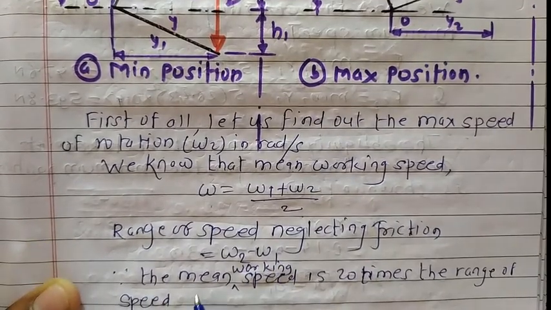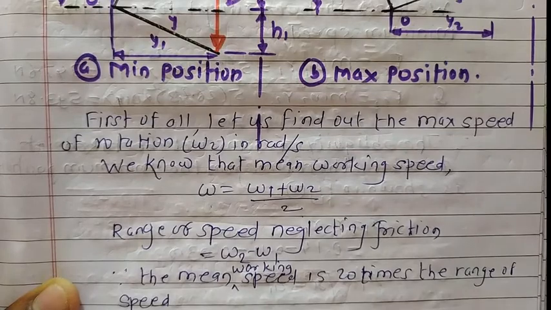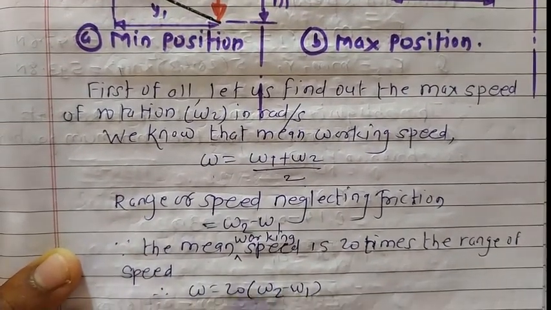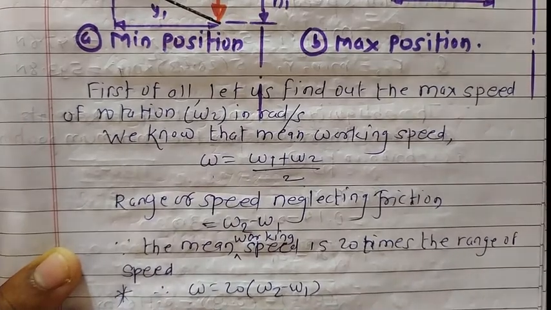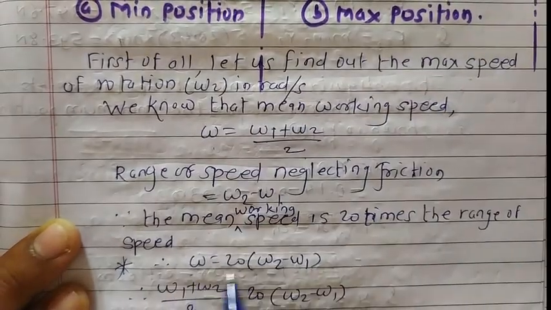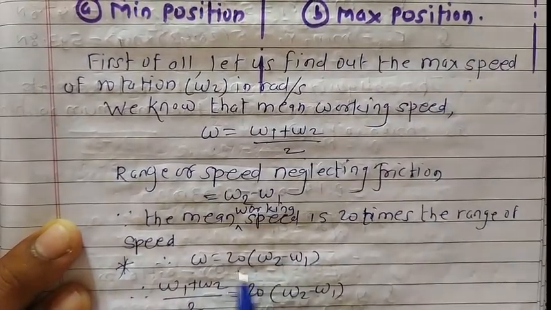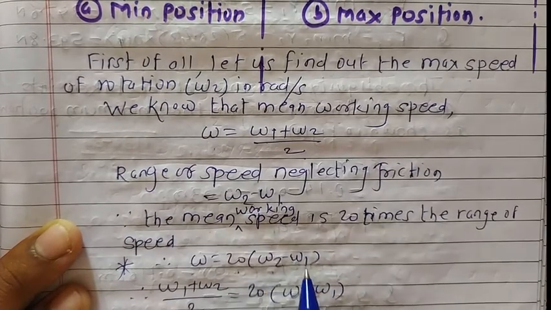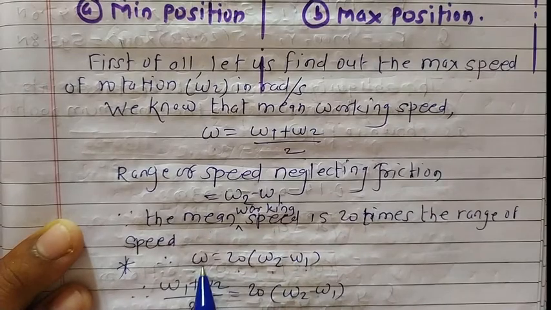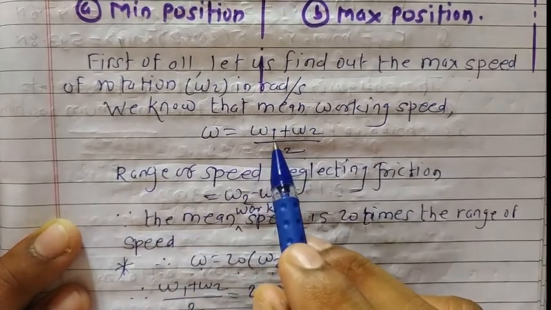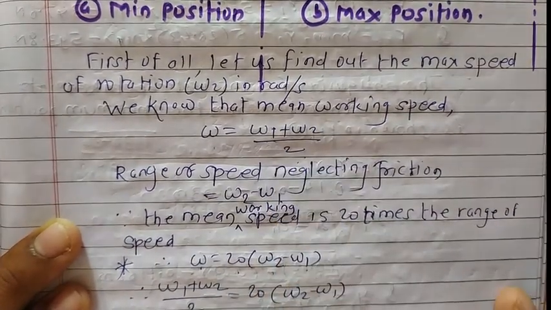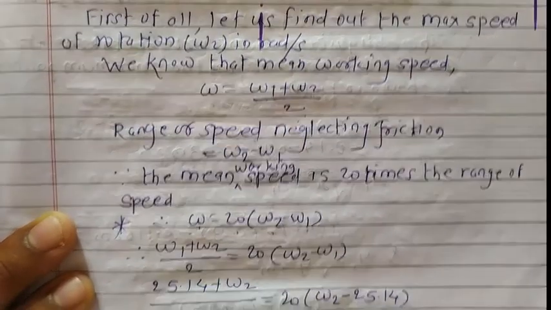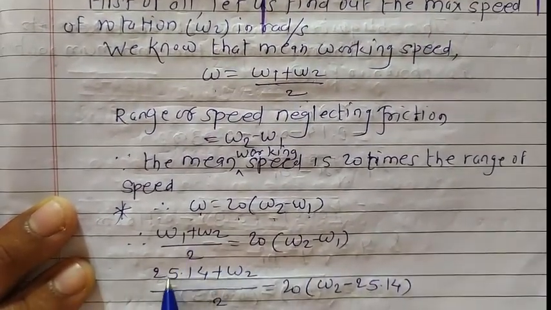Since the mean working speed is 20 times the range of the speed, this information is important. Omega equals 20 times the range of the speed. The range of the speed is omega 2 minus omega 1, and the mean speed is omega 1 plus omega 2 by 2. From this relation, first write the value of omega 1.